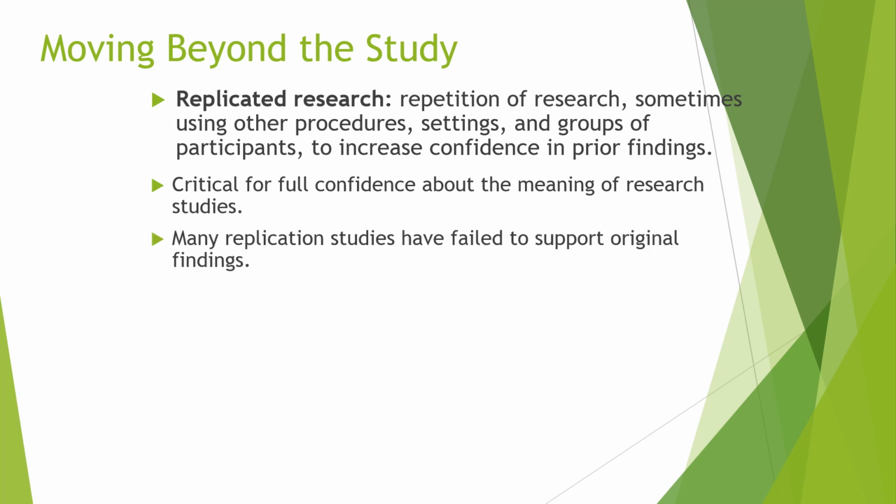There have been many studies that have replicated previous research and have then failed to support the original findings. That then becomes problematic because is it what you did in your replicated study that was wrong, or was there something wrong in the original study? If you cannot replicate a study, it becomes very problematic for the confidence in the outcomes of that original study.